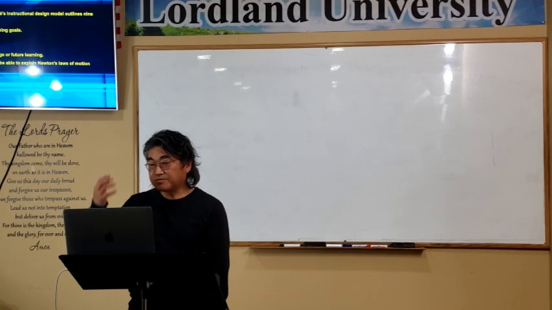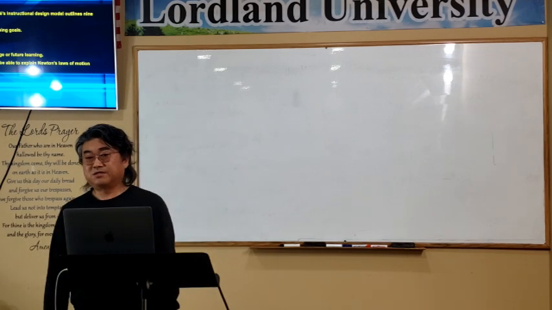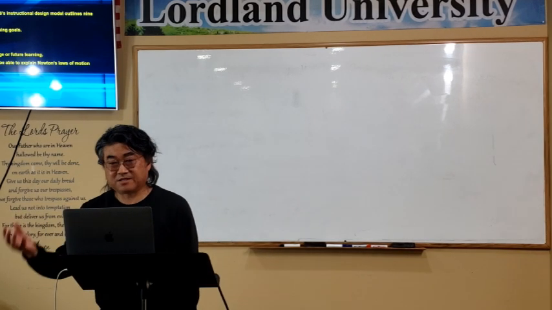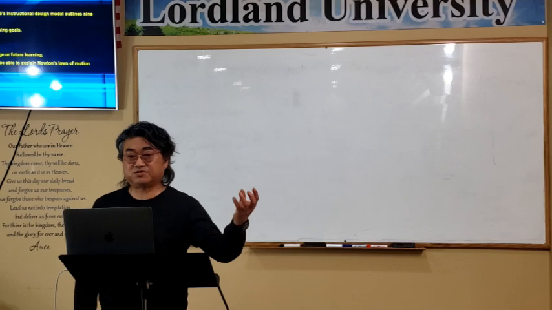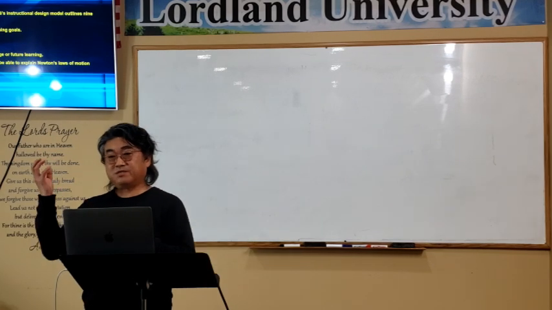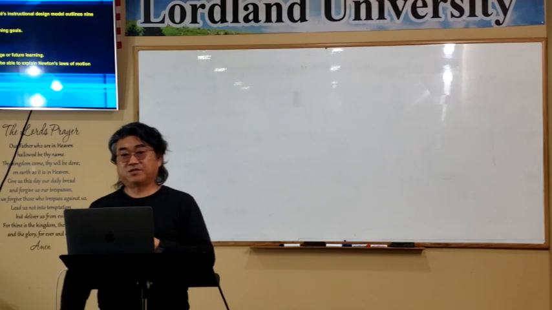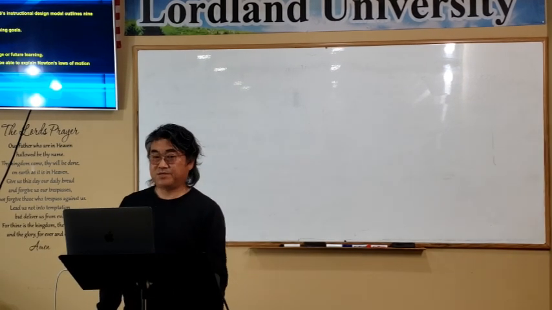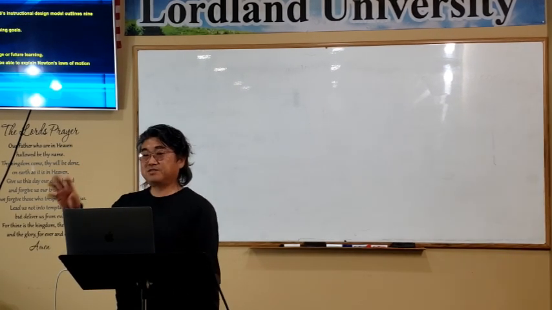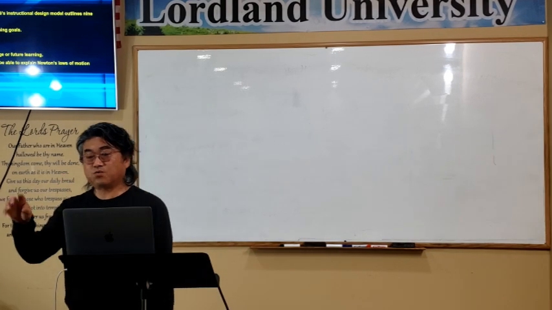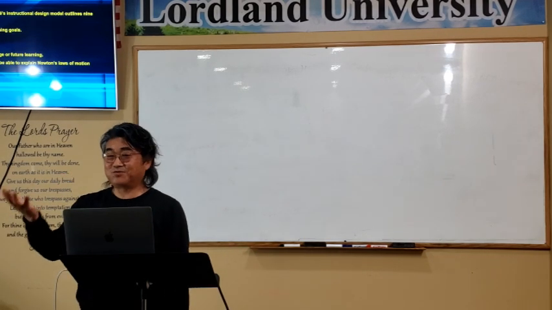You have to explain why we need math, why we need chemistry, why we need biology, why we need to study literature. You have to tell them. Without understanding the reason why we have to study, they don't study.